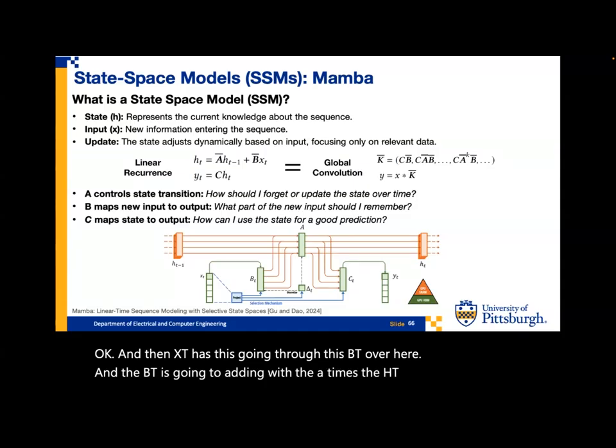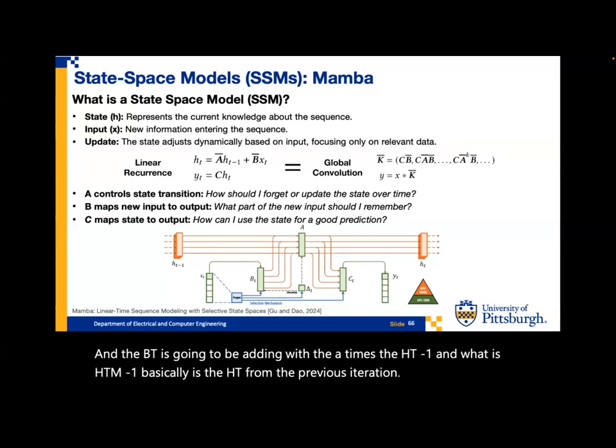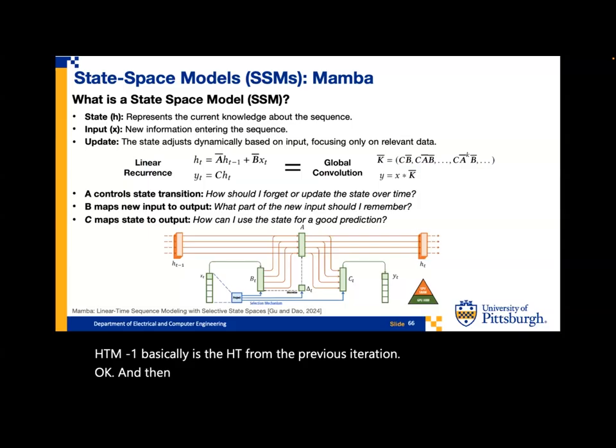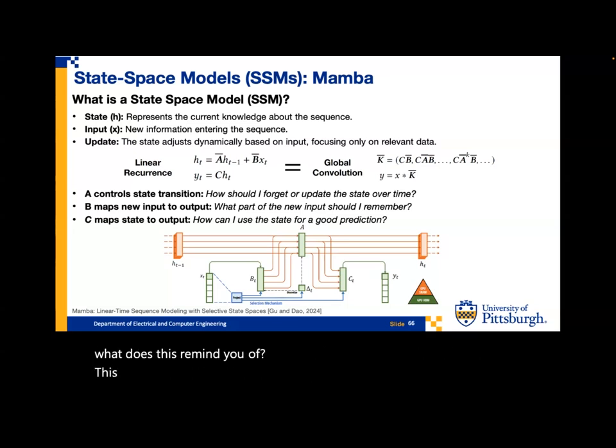And what is HT minus 1? Basically, it's the HT from the previous iteration. Okay? And then the output goes through the CT and generates the output. So what does this remind you of?